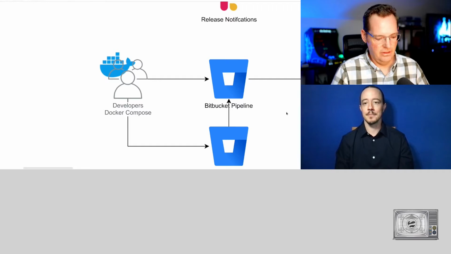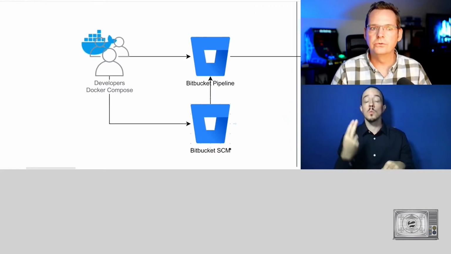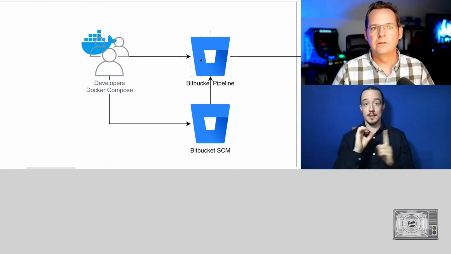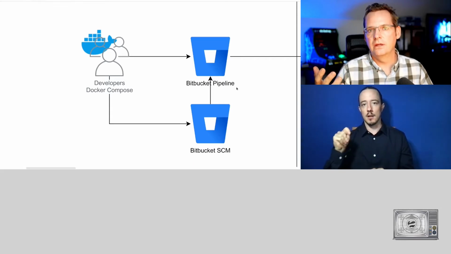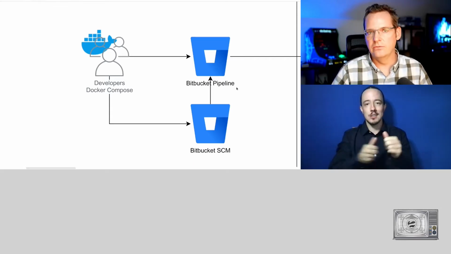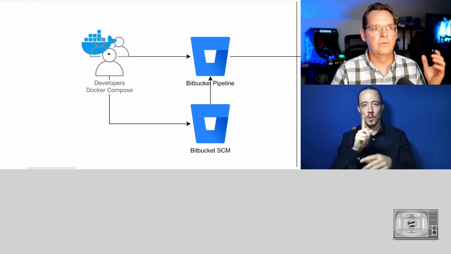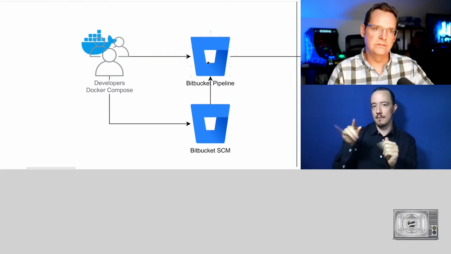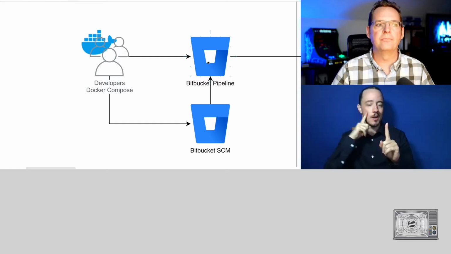And as part of that developer pipeline, we use whatever source control tool you would want. In our case, we're using Bitbucket for our source control management, and then we use Bitbucket Pipelines to build each of those releases that are going to go into our sandbox, our dev, or our production environments. That all happens inside of the developer's world, where they have the most control. So from the makefile, they can actually kick off a Bitbucket pipeline to release to sandbox, which is like our staging or pre-production environment.